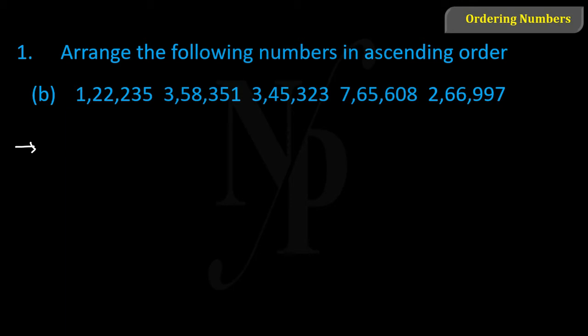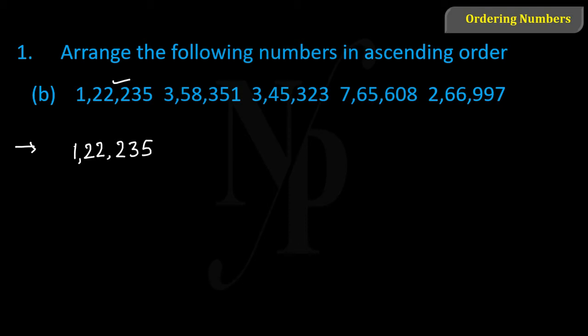Among these digits in the lakhs place, 1 is the smallest. Therefore 1,22,235 is the smallest among all these numbers. We write it first and put a tick mark.